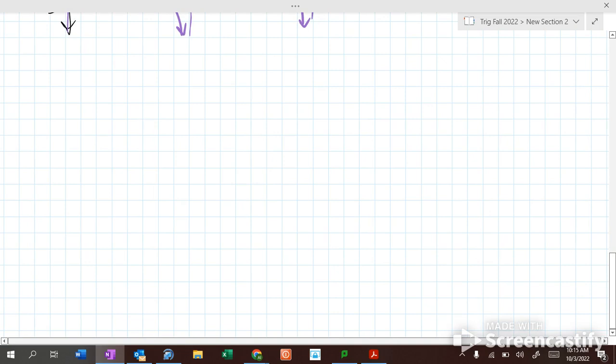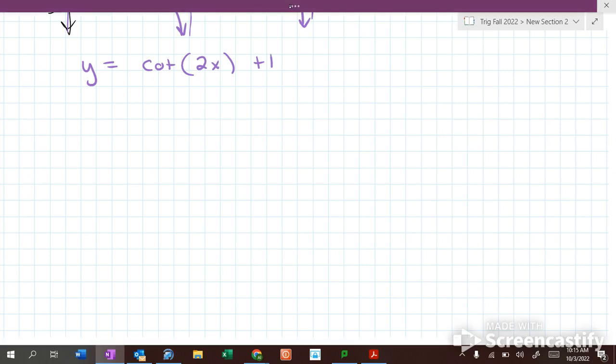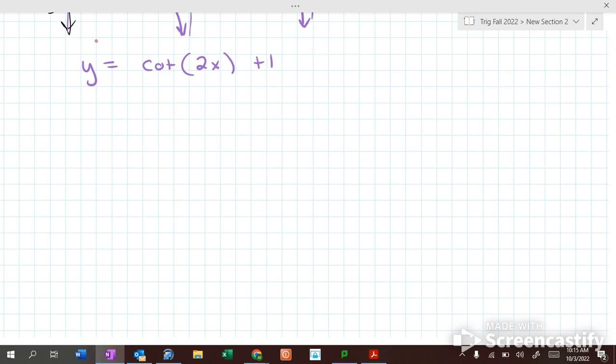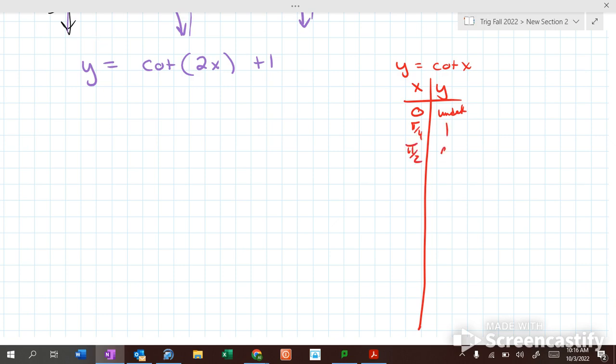All right, so now let's do y equals the cotangent of 2x plus 1. So we got to first write down y equals the cotangent of x terms, where they're at, so then we can go off of that. At 0, the cotangent is undefined. At pi over 4, it's 1. Pi over 2, it's 0. 3 pi over 4, it's negative 1.